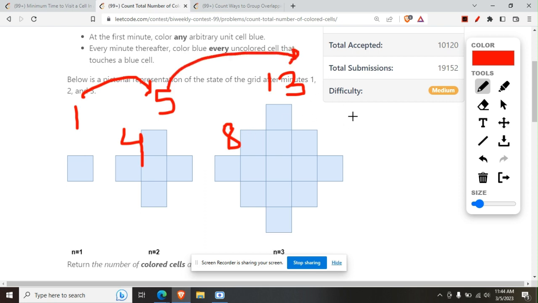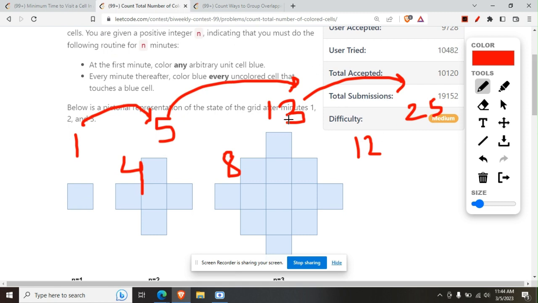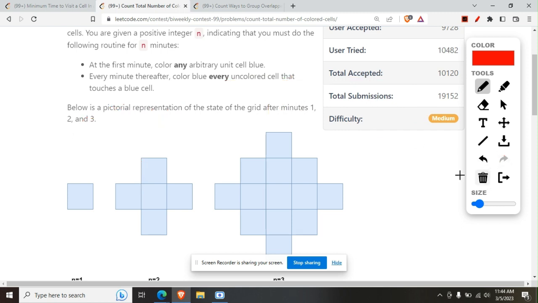After that, 4 into 3 is 12, and 13 plus 12 is 25. And if you see, this pattern continues. All you have to do is build up this pattern, and whatever n is required, you just print it out. And this is the whole code. There's not much to this problem. You just have to do this.